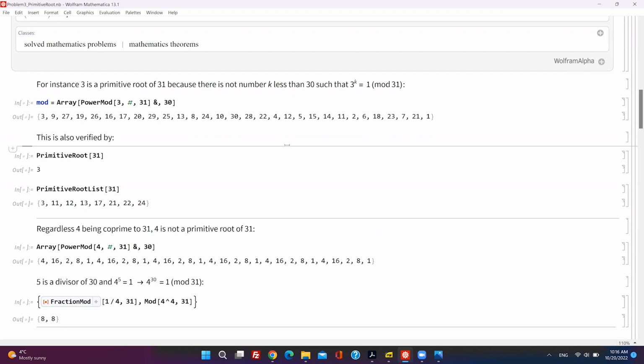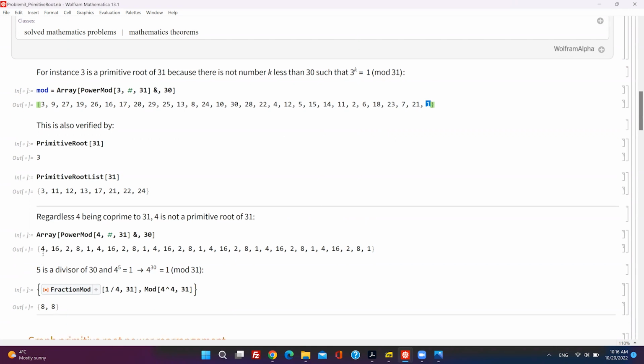For some of the numbers, you take 3 to the power of 1, power 2, power 3, and go through the entire list of 30 numbers. Eventually it goes to 1. But some numbers are not. For example, 4 to the power of 5, you already have 1 here. So that means some of the multipliers, the bases of the exponential, are not equal, right?